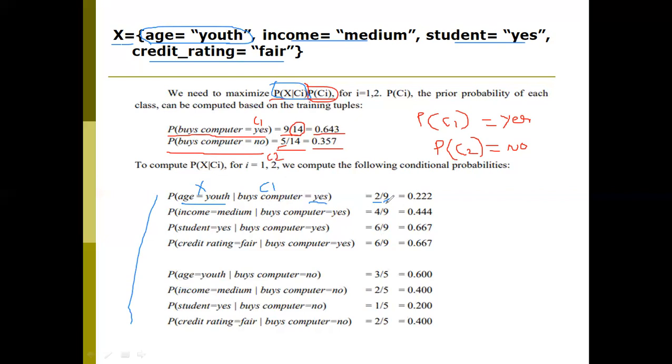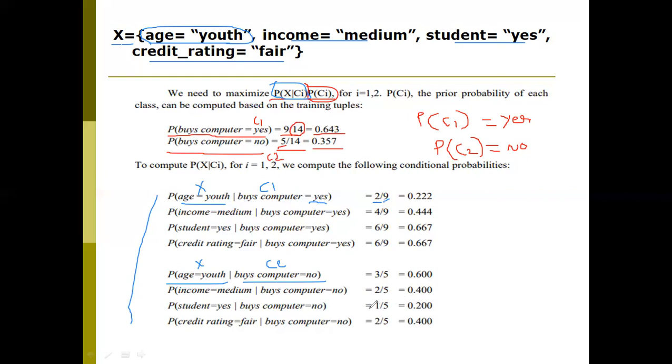So P of age youth given C1 is 2 by 9. The X by C1 calculation is over. Now we are going to calculate X by C2.